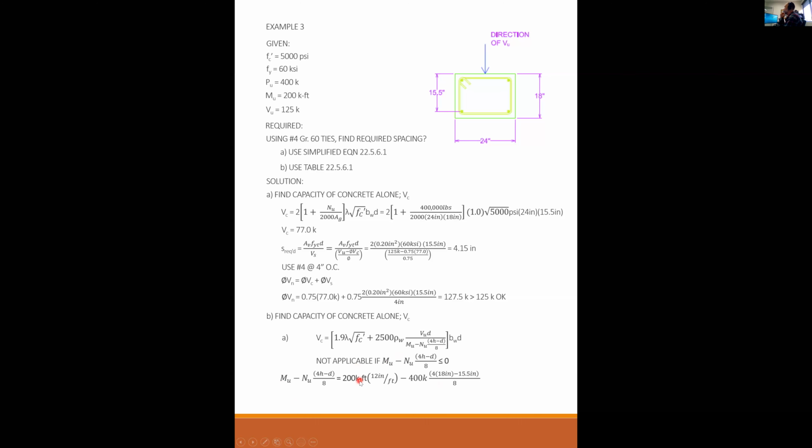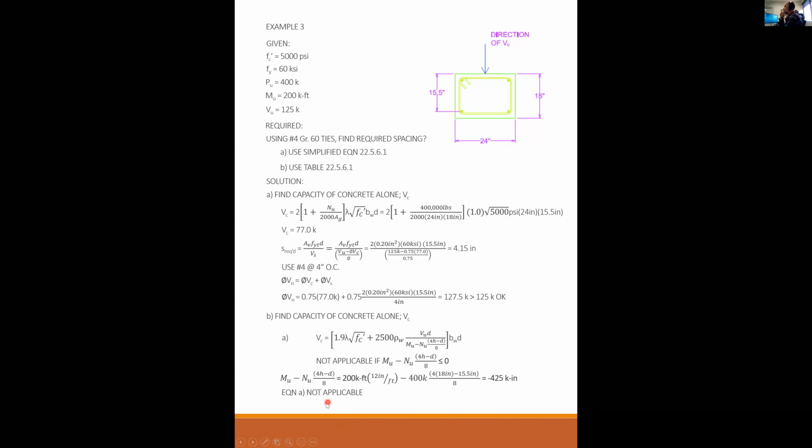Mu is 200 kip feet times 12 to get to inch kips, minus Nu, which is 400 kips, times (4 times 18, where 18 is the height in this direction, minus d, which is 15.5) over 8. All of that equals minus 425 kip inch. So we can't use equation A. This whole term is less than 0. So equation A is not applicable.